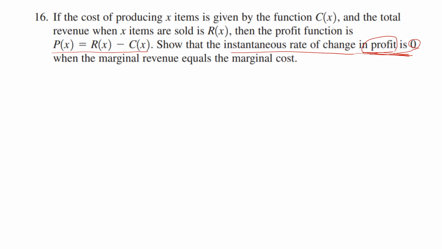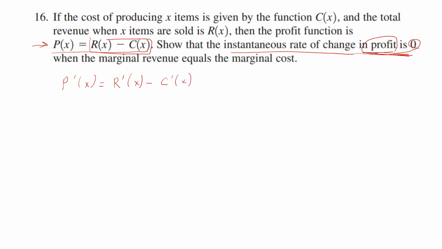So now if we were to take the derivative of this for a function, we would be saying p prime x, and we will be taking the derivative of here as well. How do we take the derivative? We just put the prime over here because we don't know what the function is for this one. So minus c prime x, right?